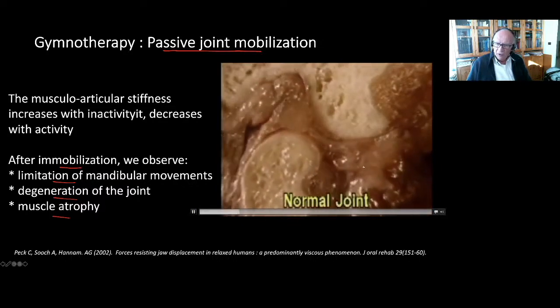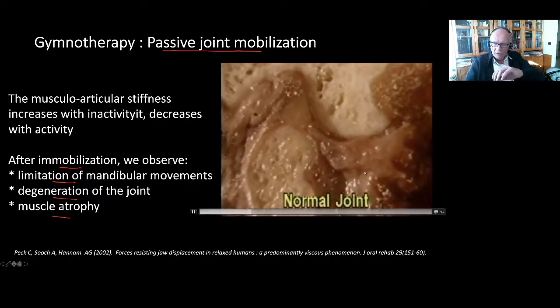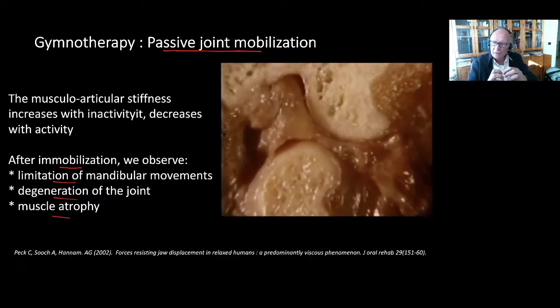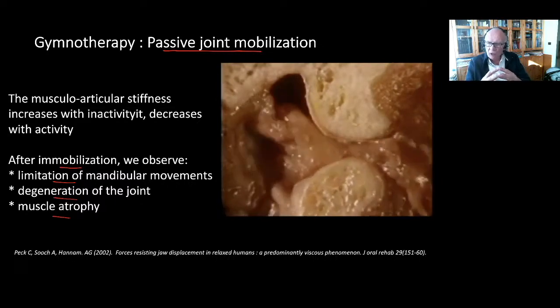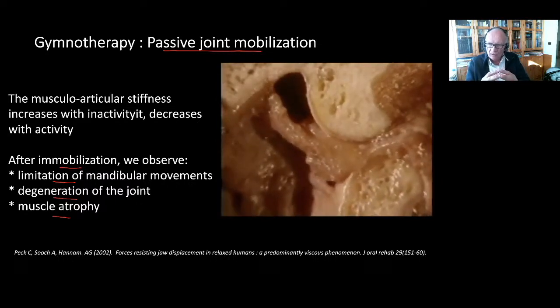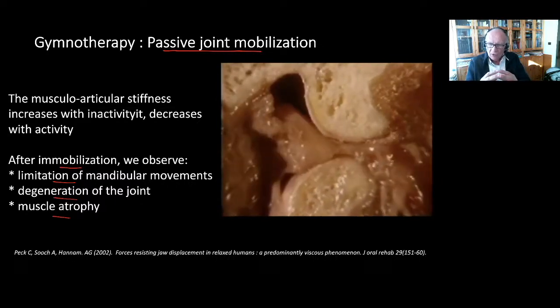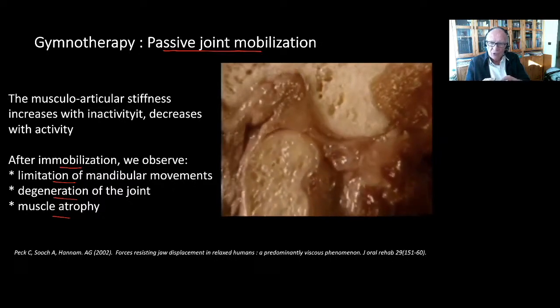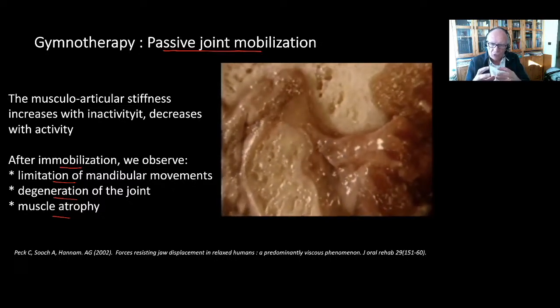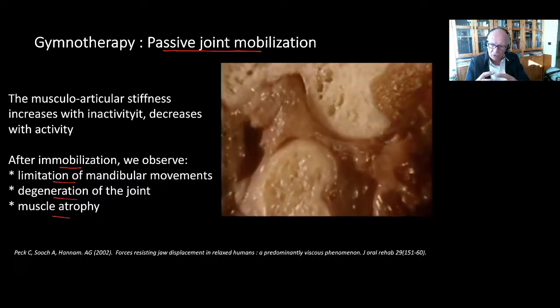During the movement, there is big movement of the liquid into the capsula, the synovial liquid. And it is a great contribution to the nutrition of the joint tissues.